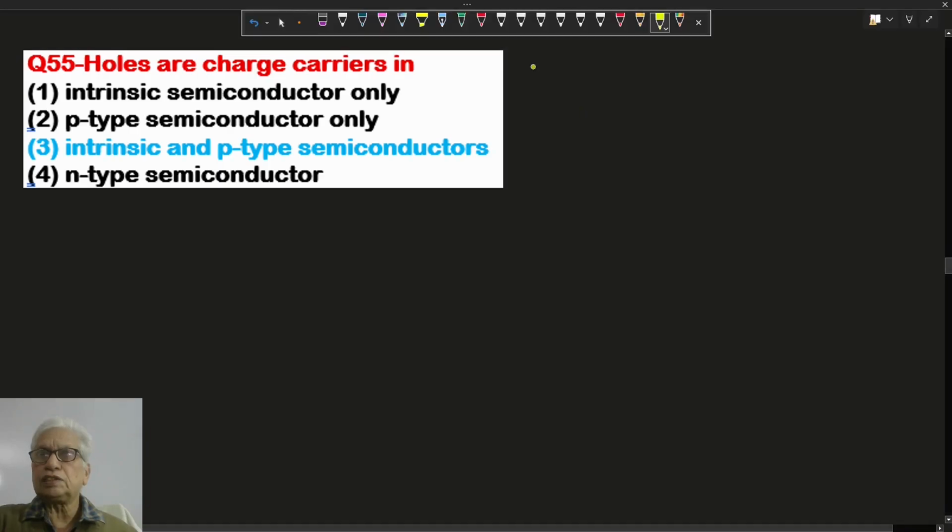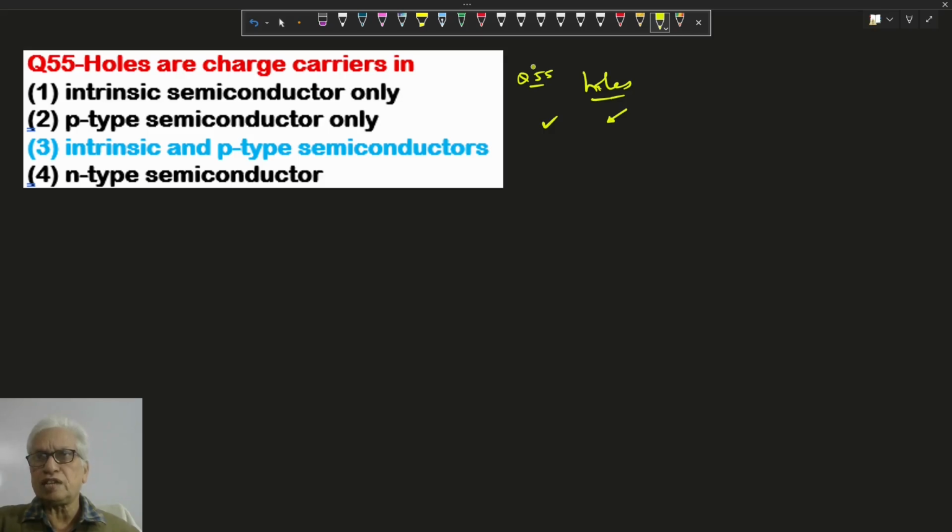Hello, in this question, holes are the charge carriers in intrinsic and also p-type. In n-type semiconductor, electrons are dominating. In extrinsic, p-type is developed by impurity from the trivalent. In p-type semiconductors, hole concentration is much more than electron concentration.